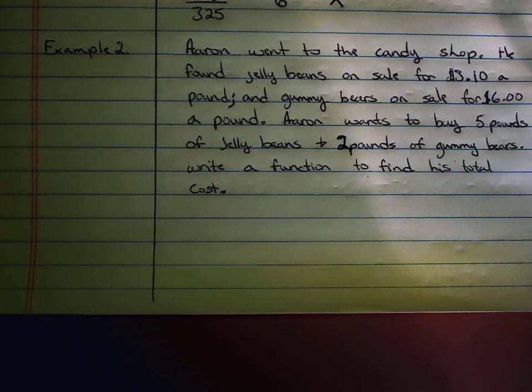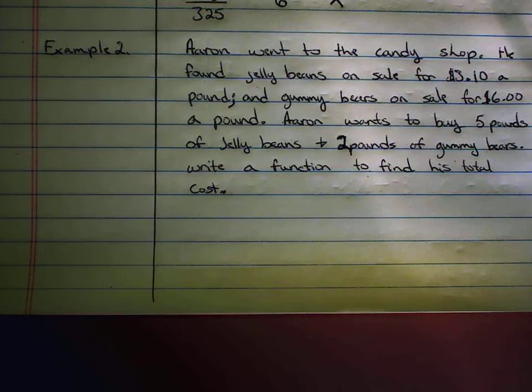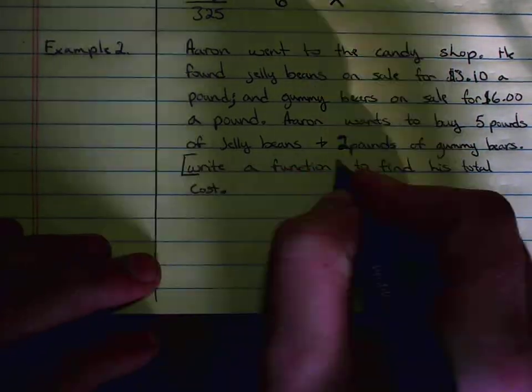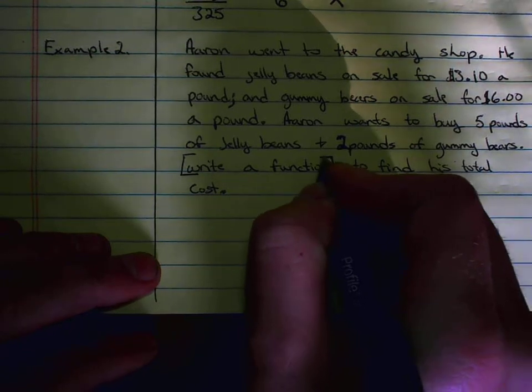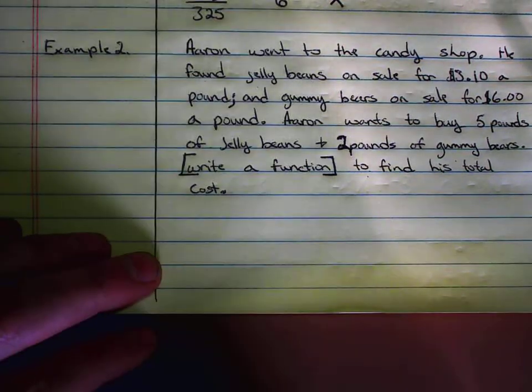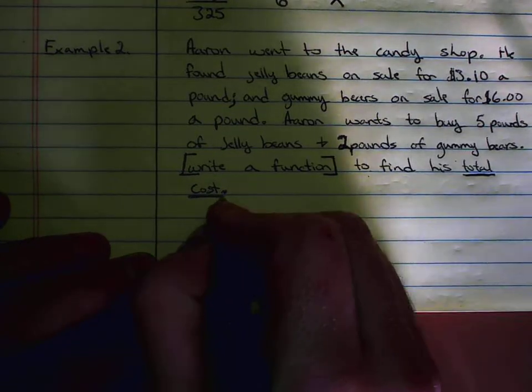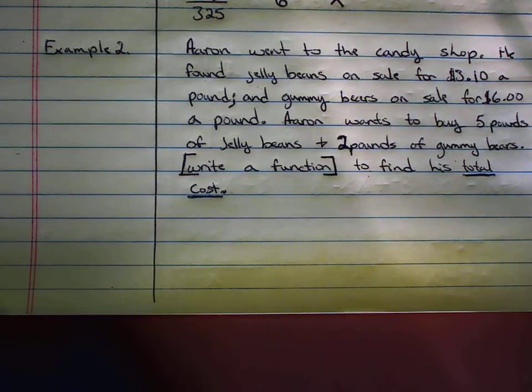Now, what we have to do is take the important information and turn it into a function. So, identify what they want us to do. Write a function. They don't want us to solve. They want us to write a function. What do they want us to write a function for? Total cost. In order to know what total cost is, I need to know what he's spending.